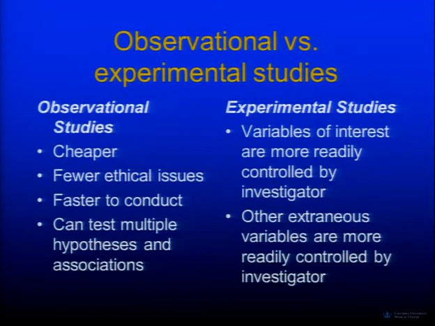When you do an experimental study or a randomized controlled trial, the variable that you're interested in is easy to control by you as an investigator, and other extraneous variables or confounders are readily controlled by you as well. As we talked about last week, by doing randomization, we get rid of the confounding that could be there.